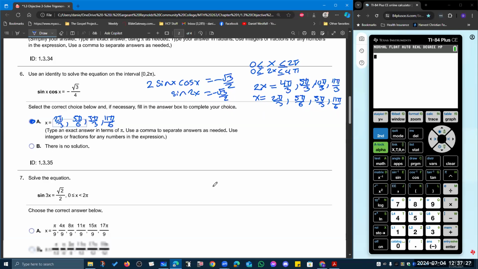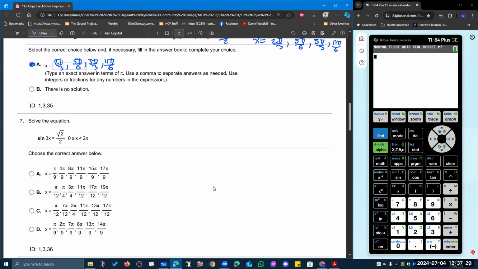Sine of 3x. So same idea. 0 less than or equal to 3x less than 6 pi. So I need to be on the first 3 revolutions, have a sine value of root 2 over 2. That's a reference angle of 45 degrees, and it's in quadrants 1 or 2.